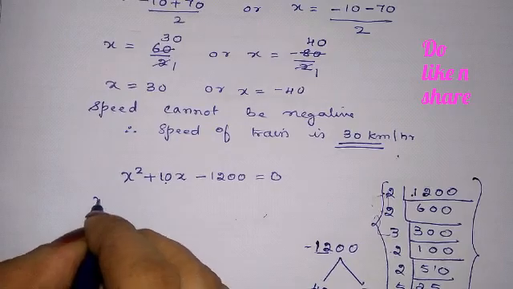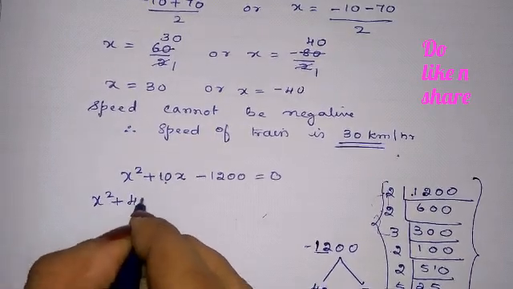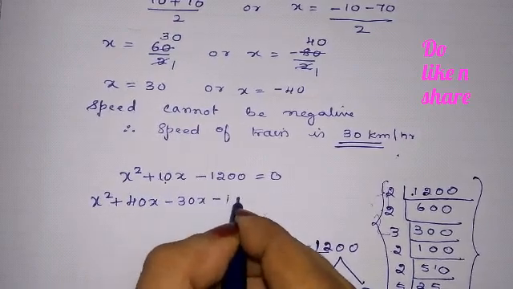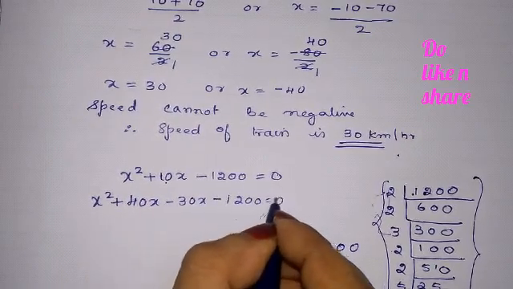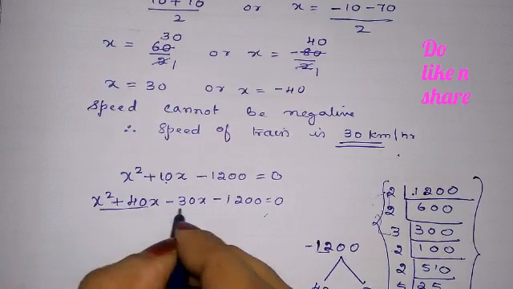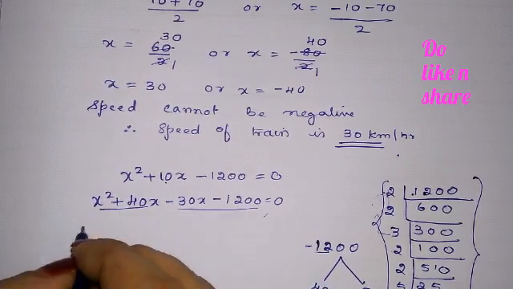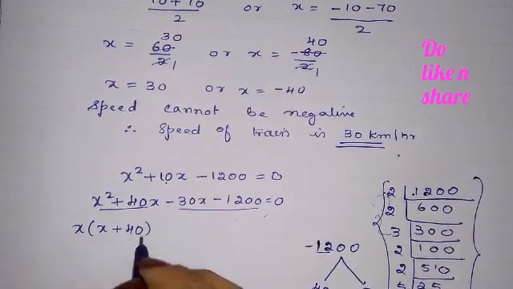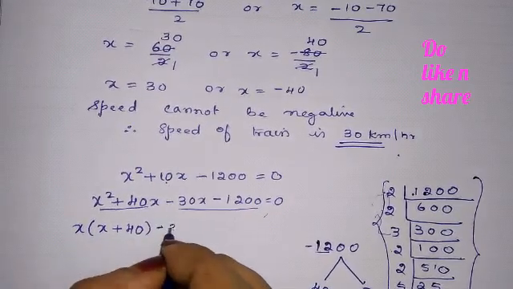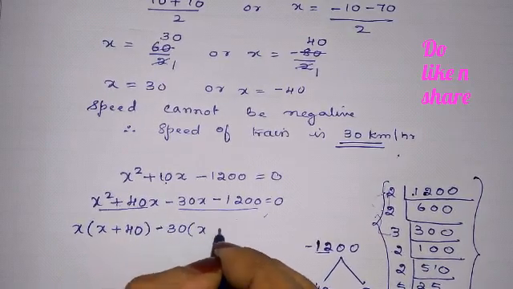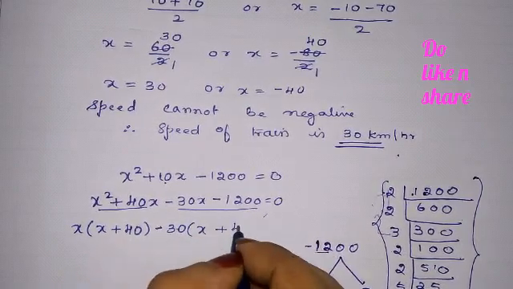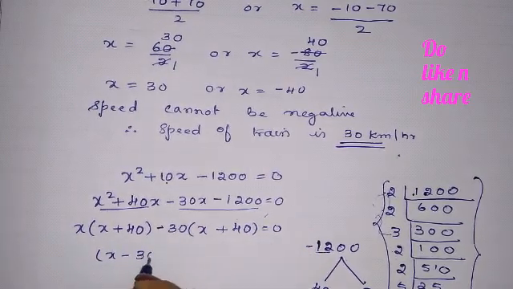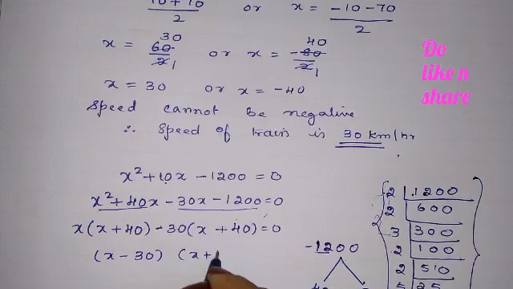So directly we can write x square plus 40x minus 30x minus 1200 equal to 0. x common we take: x into (x plus 40), minus 30 if we take common, (x plus 40). So (x minus 30) or (x plus 40).